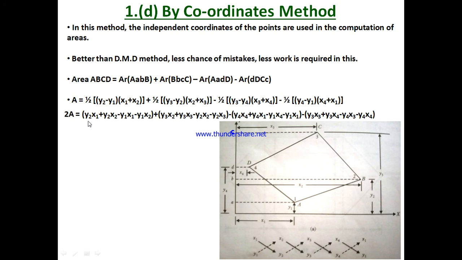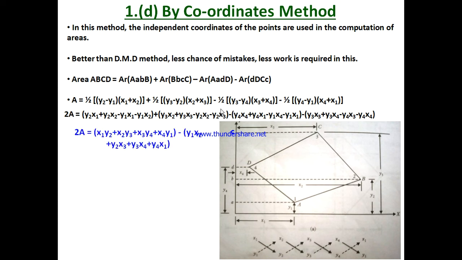Now if I multiply all the terms in the x-axis and y-axis, we will calculate as y2x1 plus y2x2 minus y1x1 minus y1x2 plus y3x2 plus y3x3 minus y2x2 minus y2x3. In this manner you need to multiply all these terms, and this 2 will be transferred here, so it will be 2A equal to the following term.